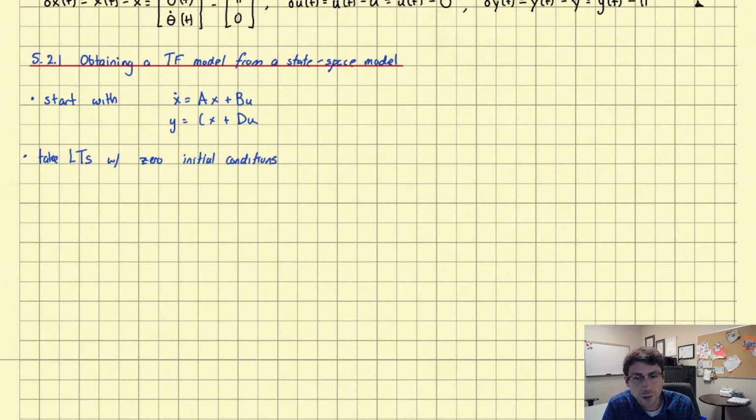Okay, and so you may remember that time derivatives turn into multiplication by s in the Laplace domain. So that x dot vector is going to turn into s times the vector of Laplace transforms of x. So I'm going to write that here.